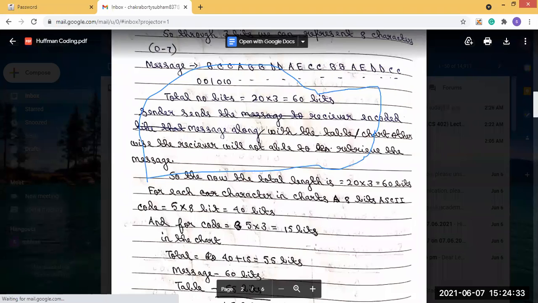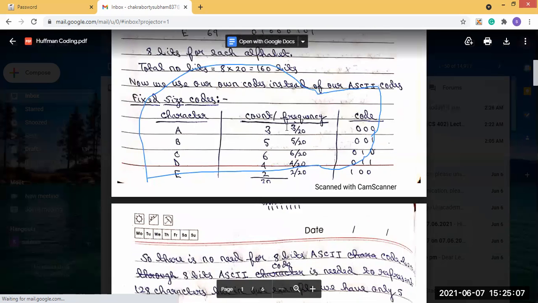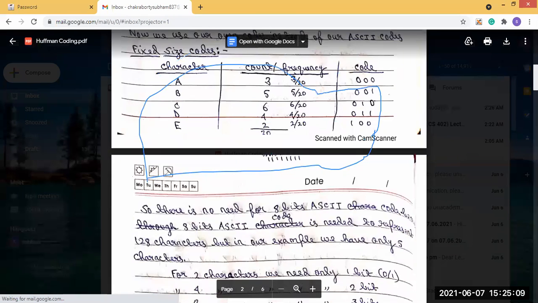If the sender sends only the encoded message, how will the receiver understand what technique the sender used to compress it, and how to decompress it? It is not possible. So that's why, along with these 60 bits, we have to send this table to the receiver.